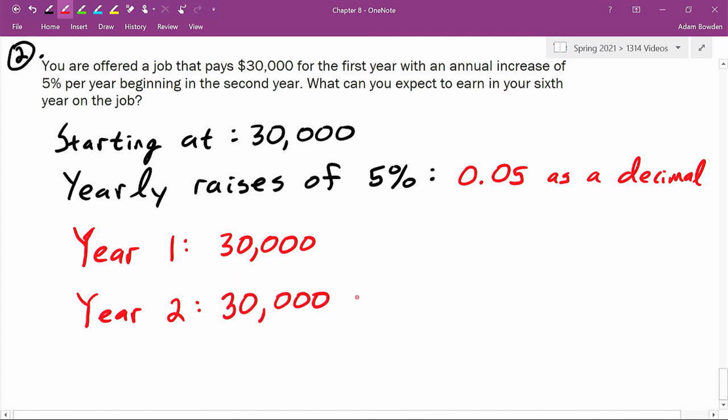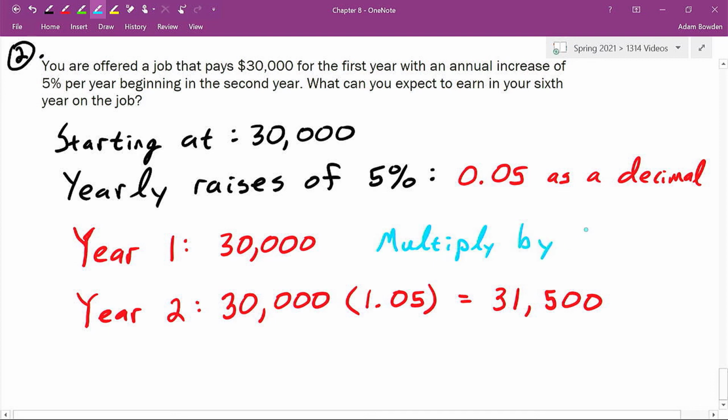We can calculate the salary after the raise has been added in by multiplying by 1.05. So that would be equal to $31,500. So again, the idea here is to multiply by 1.05 because that adds in the additional 5% raise.